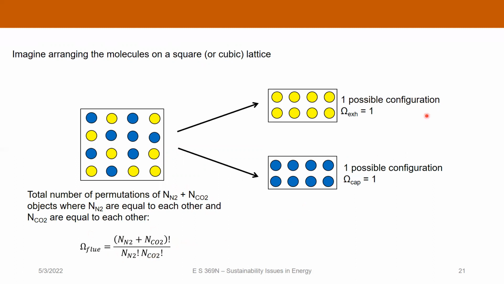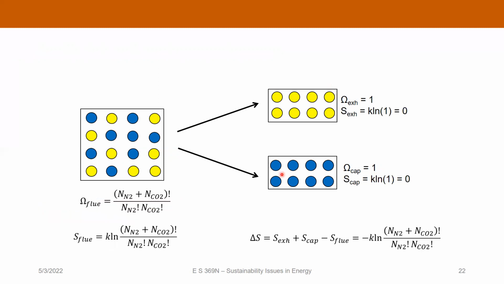Now, in the exhaust and captured stream, there's only one possible configuration, where all of these sites are occupied by either nitrogen or CO2. So the entropy there is actually 0, because this is a perfect separation. The natural log of 1 is 0, multiplied by Boltzmann's constant, still 0. So those are both 0.